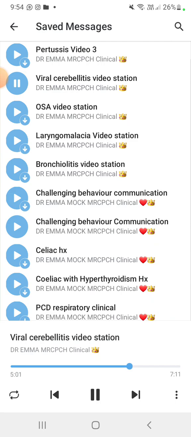And what management do we give? Yes, we take the detailed history, proper examination, and then we educate and reassure. Usually, no treatment is needed for this ataxia, and full recovery usually occurs within 10 to 21 days.